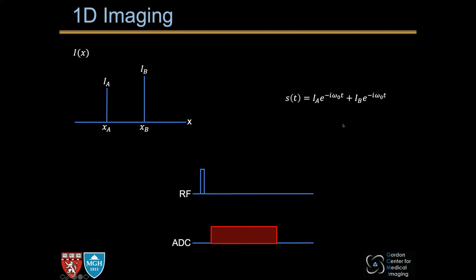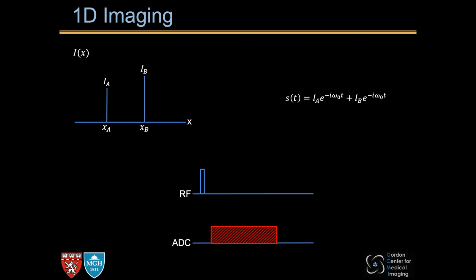So as it is now, we cannot separate the signals from source A and source B in the received signal, because they have exactly the same properties. So this kind of experiment cannot give us imaging signals.